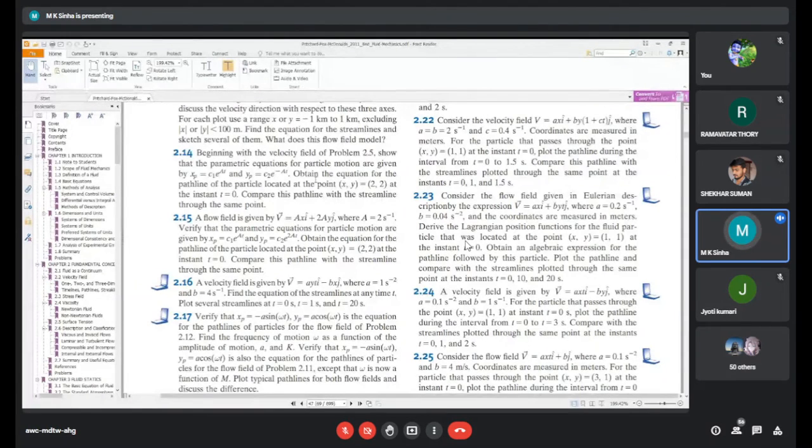Obtain the equation for the path line of the particle located at the point x, y equal to 2, 2 at the instant t equal to 0, and compare the path line with the streamline through the same point.